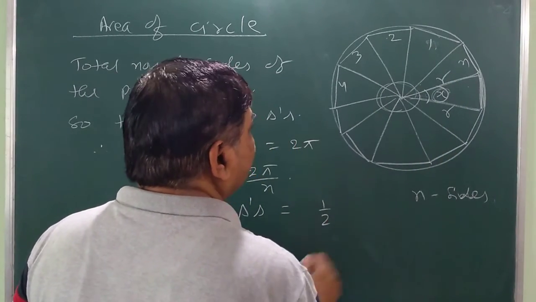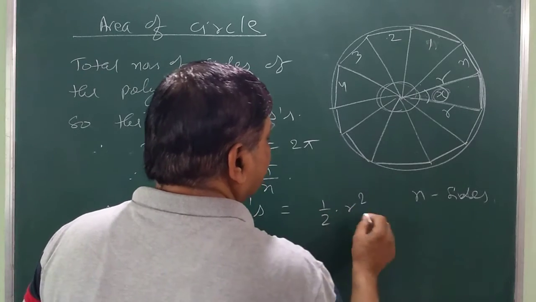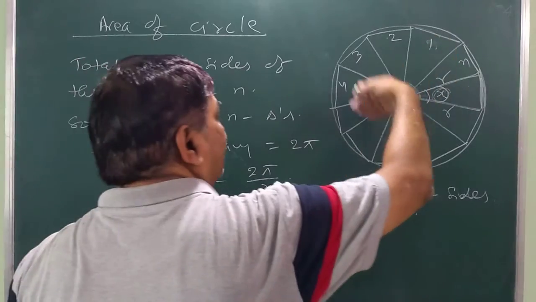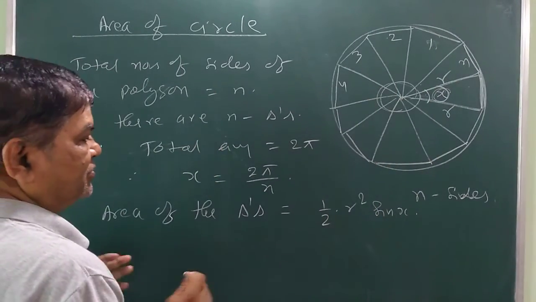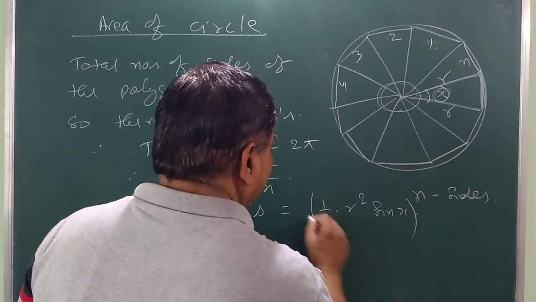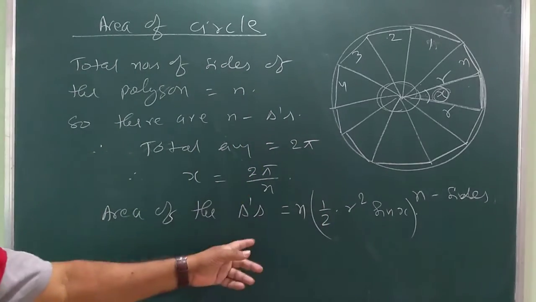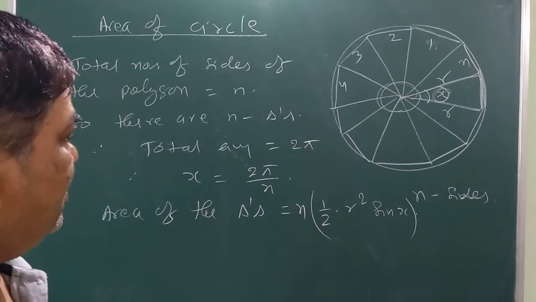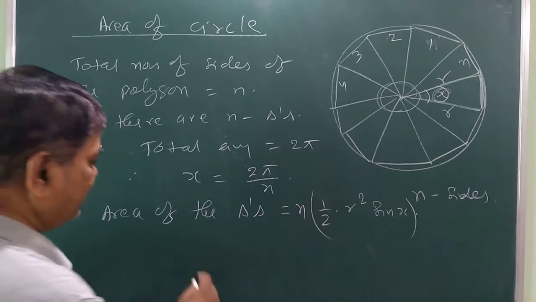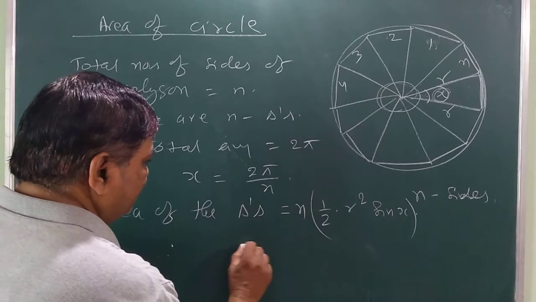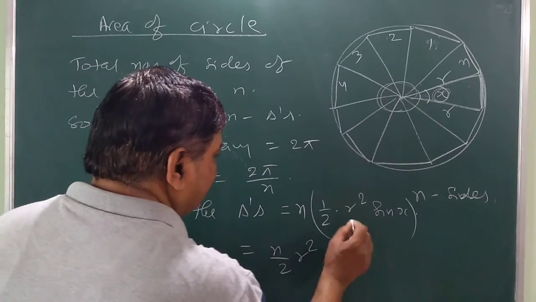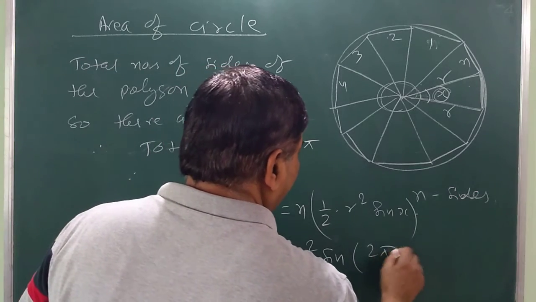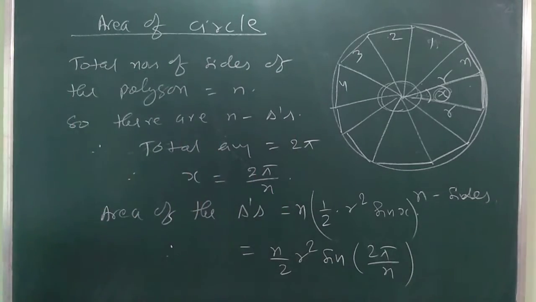This is 1 by 2 r square sin x. So total number of triangles is n. So total area is your n into 1 by 2 r square sin x. Now what is the value of x here? So this is your n by 2 r square, put the value of x as 2 pi divided by n.